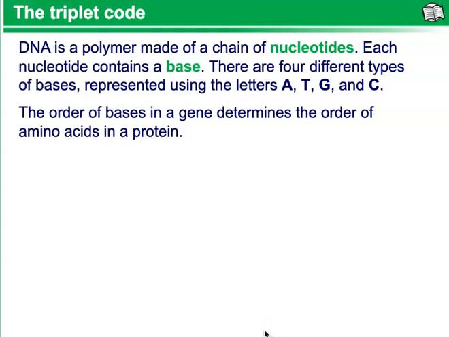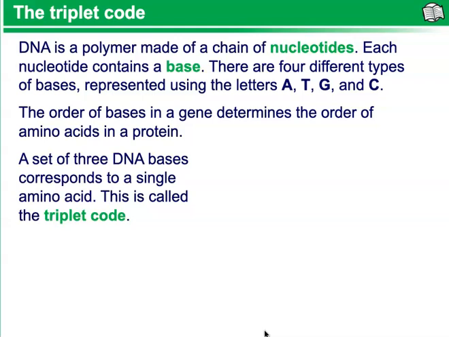The order of bases in a gene determines the order of amino acids in a protein. A set of 3 DNA bases corresponds to a single amino acid. This is called the triplet code.